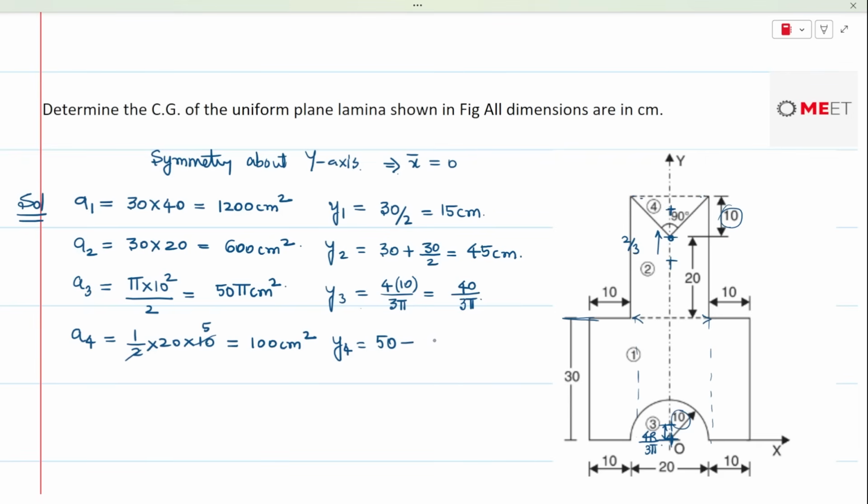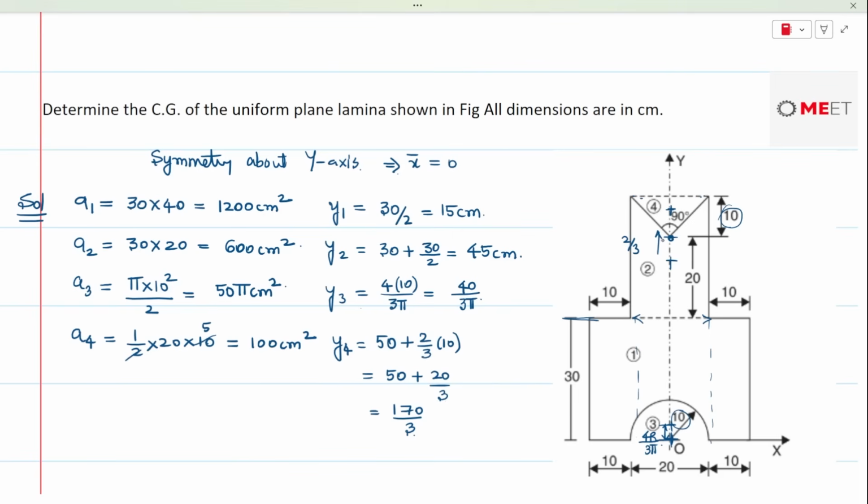So I should be writing 50 plus 2/3 of 10. This will be equal to 50 plus 20 by 3, or 3 into 50 is 150, 150 plus 20 is 170, divided by 3. So this is one way to express it.